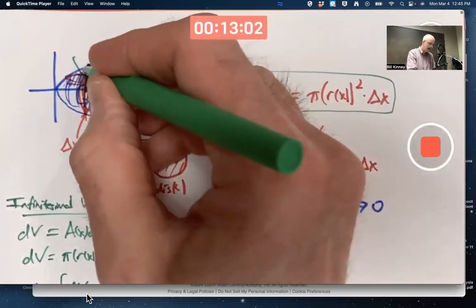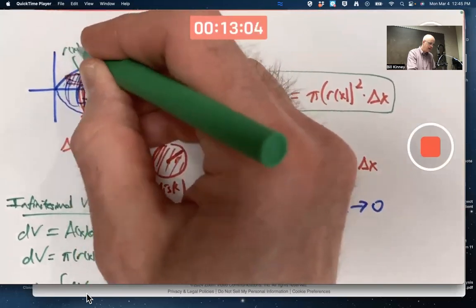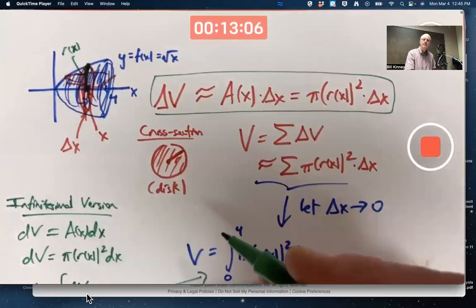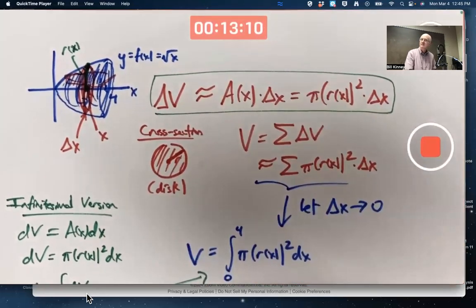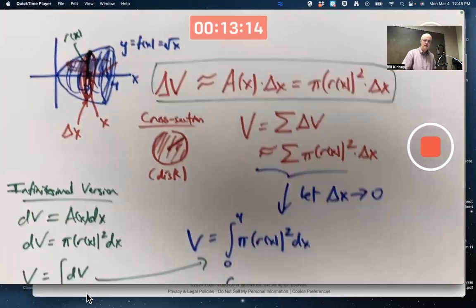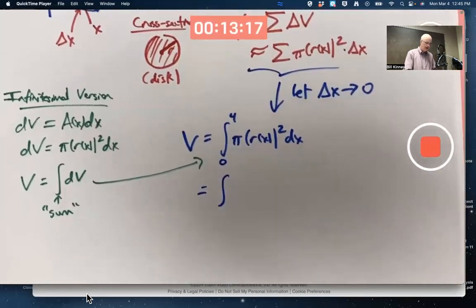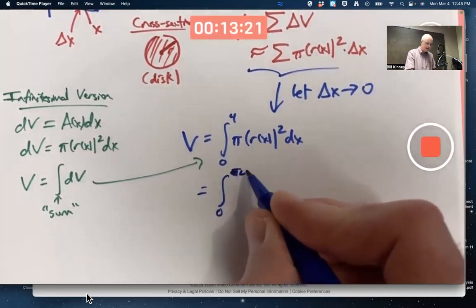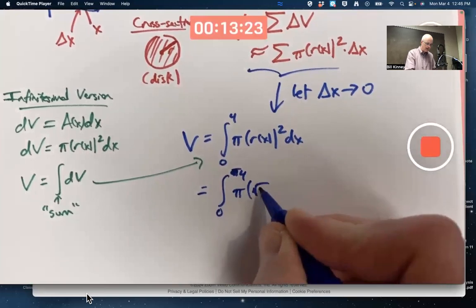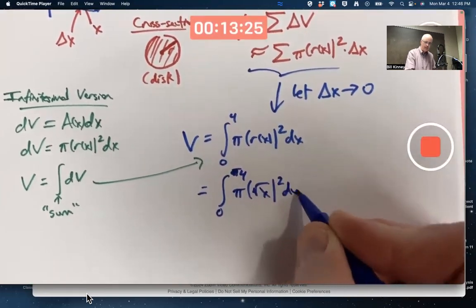That's r of x. And since you're rotating around the x-axis where y is 0, r of x just equals f of x, square root of x. It's the same thing. r of x, for this example, does equal square root of x.